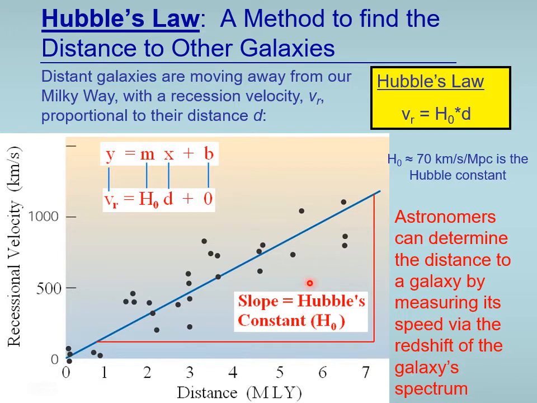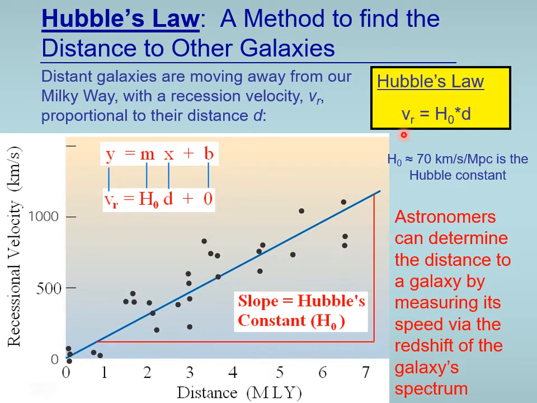So what Hubble's law says is that the recessional velocity of a galaxy, meaning how fast a galaxy moves away from us, is equal to the Hubble constant times the distance of the galaxy to us. And basically what this says is the larger d is here, the larger the recessional velocity.